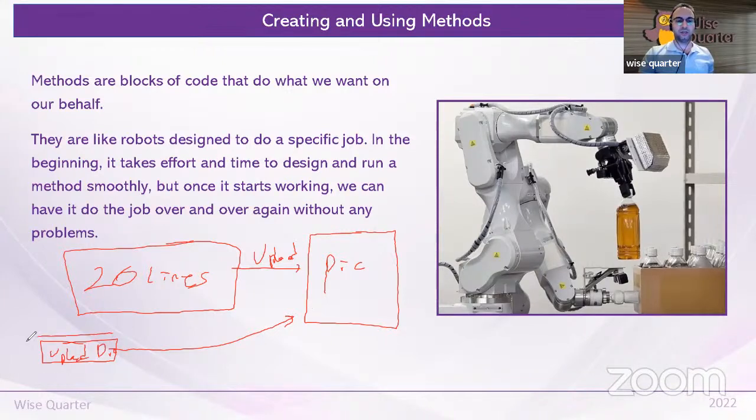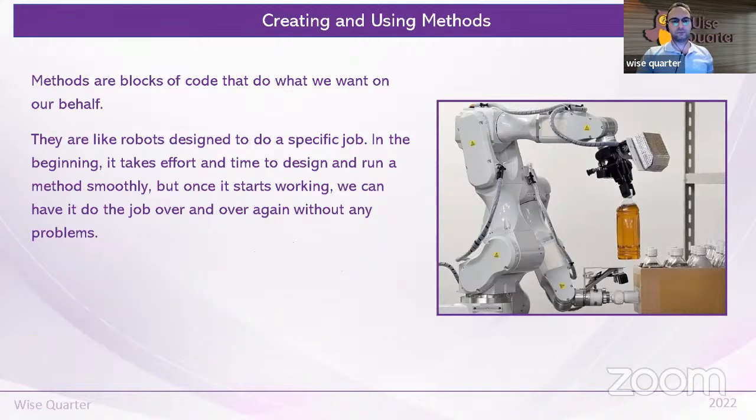Just like a robot, you will create the method. It will have 20 lines, and to call it, you will create a name for it. And when you say its name, it will come and apply whatever code is written in it. That's all. That's how it works. And you won't have any problem.